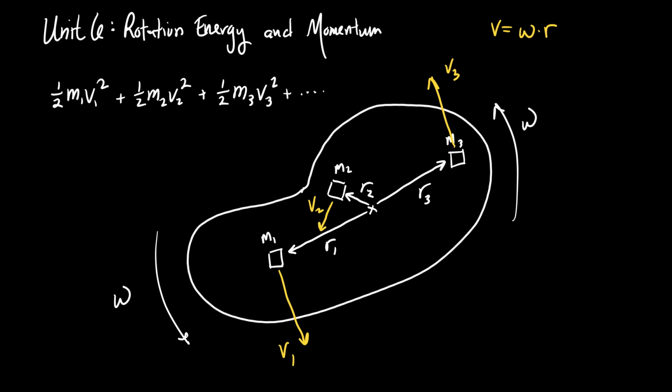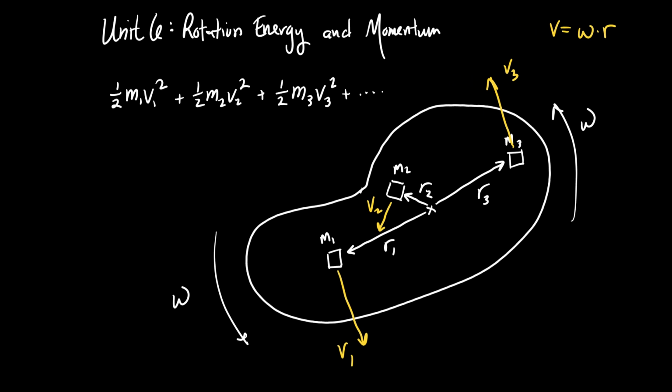Now, just think about this for a minute. The entire potato has the same angular speed. So I could rewrite this in terms of the angular speed instead of the linear speed, meaning I could do this substitution here. For example, piece number 1, I could write that as 1/2 m1 omega r1 squared.